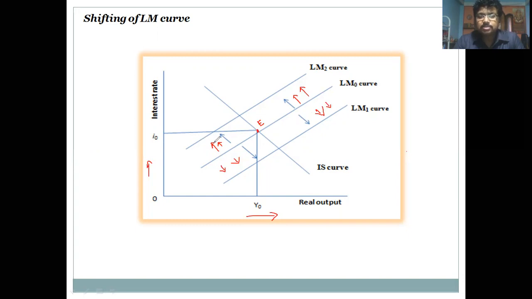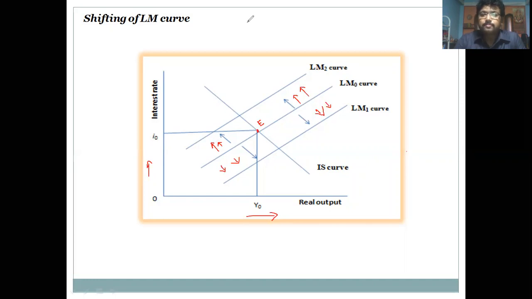These are the reasons for which the LM curve shifts rightward or leftward. If the LM curve shifts rightward, then real income or real output will increase and the interest rate will fall. And if the LM curve shifts leftward, then real output or income falls and the interest rate will increase.